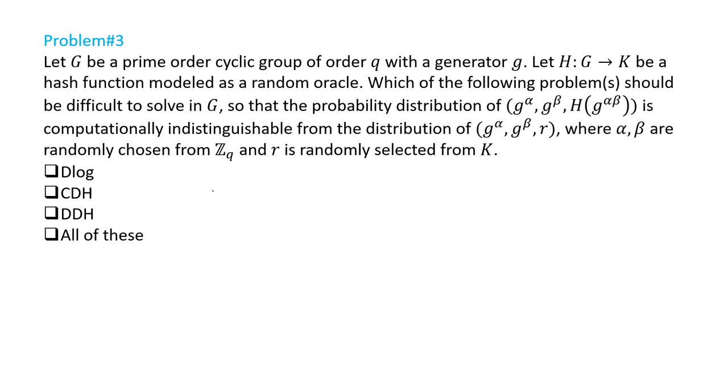Let G be a prime order cyclic group of order Q with a generator g. Let H be a hash function from G to K modeled as a random oracle.